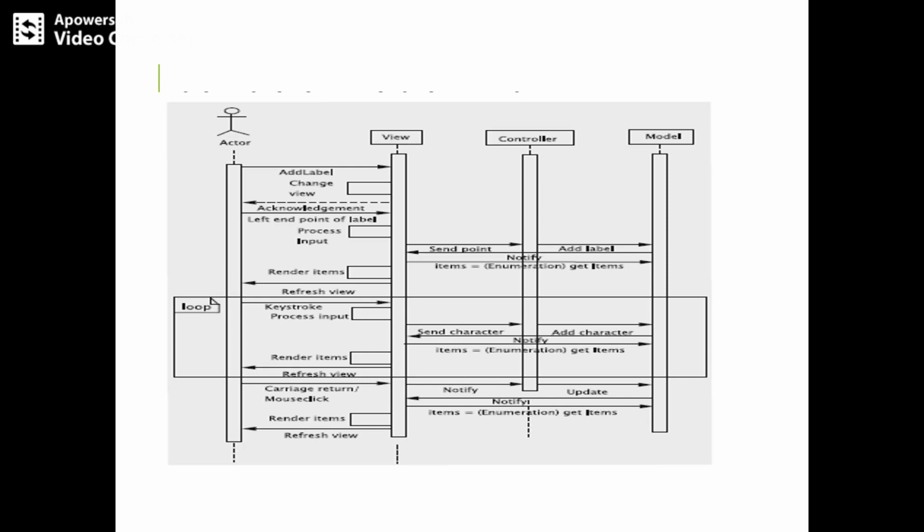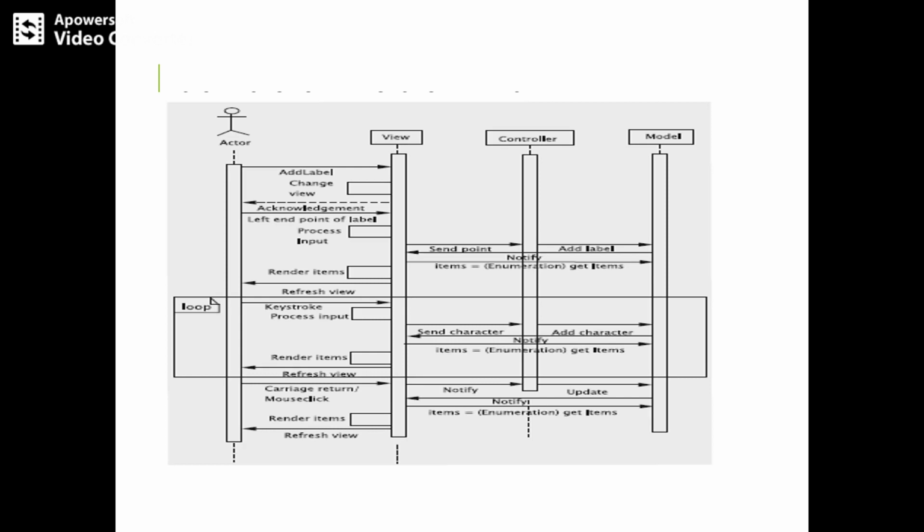In this diagram, we have always seen a lot of sequence diagrams. Here there is the actor and their respective three classes: view, controller and model. Initially, in the reply and response from these systems, there is a loop that is going to happen because we need to add many characters.